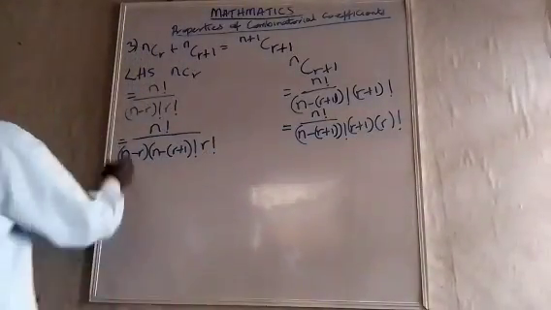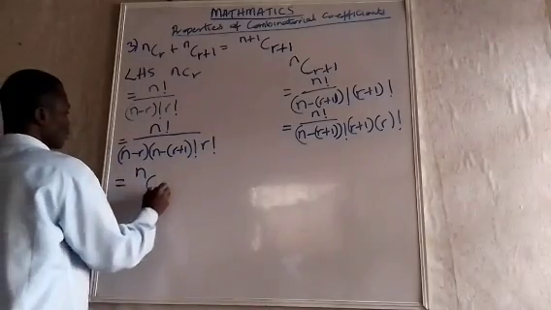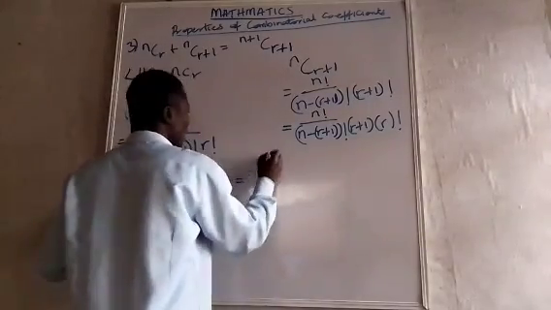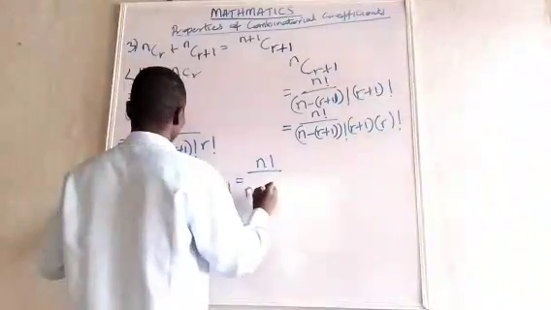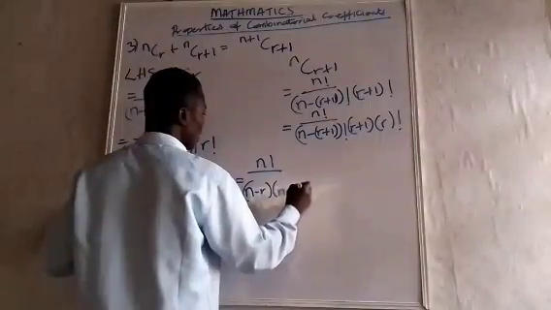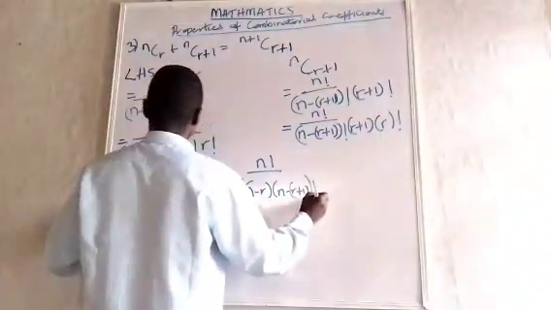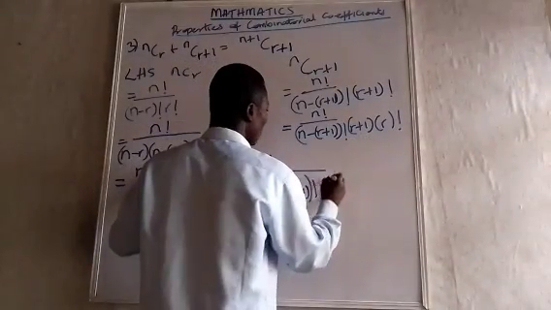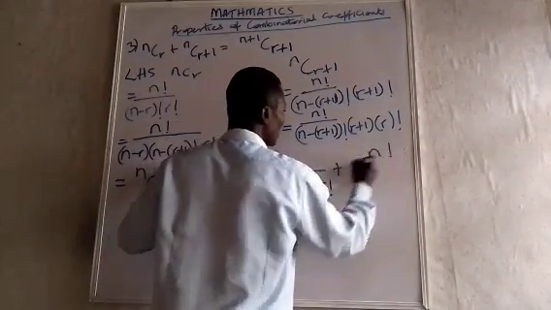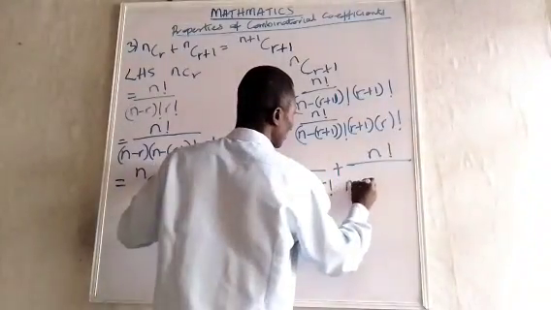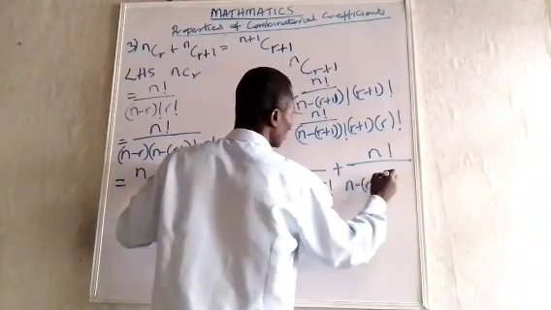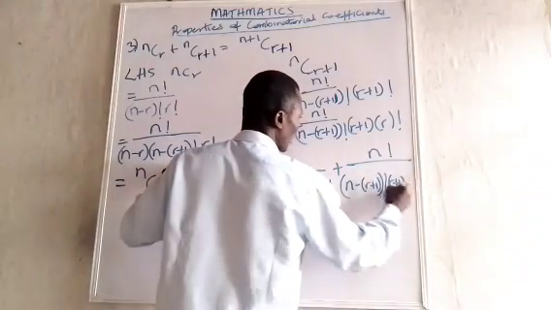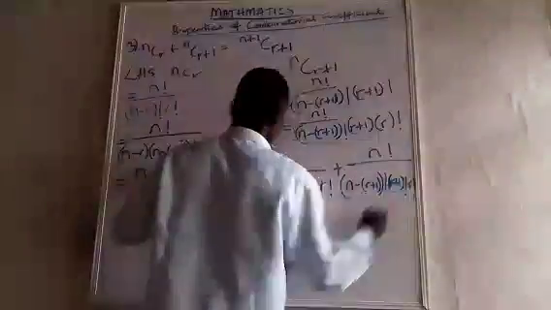So with this we can now say nCr plus nC(r+1) is equal to n factorial over (n minus r) into (n minus r minus 1) factorial r factorial, plus n factorial over (n minus r minus 1) factorial (r plus 1) into r factorial. So let me factorize now.